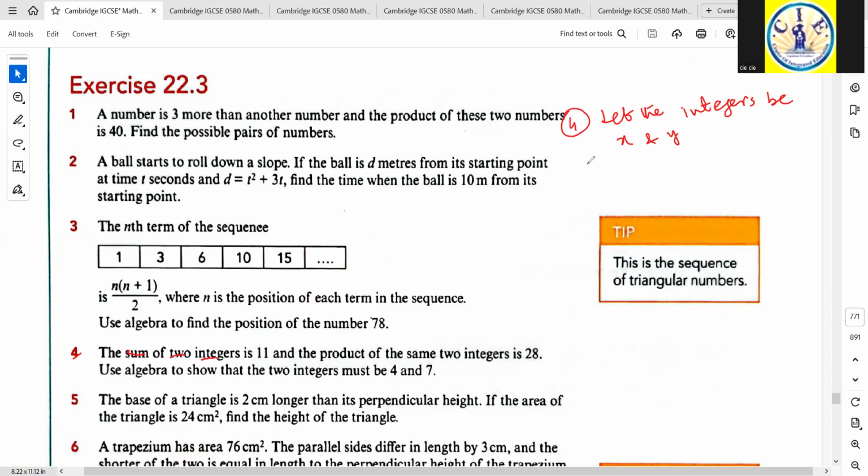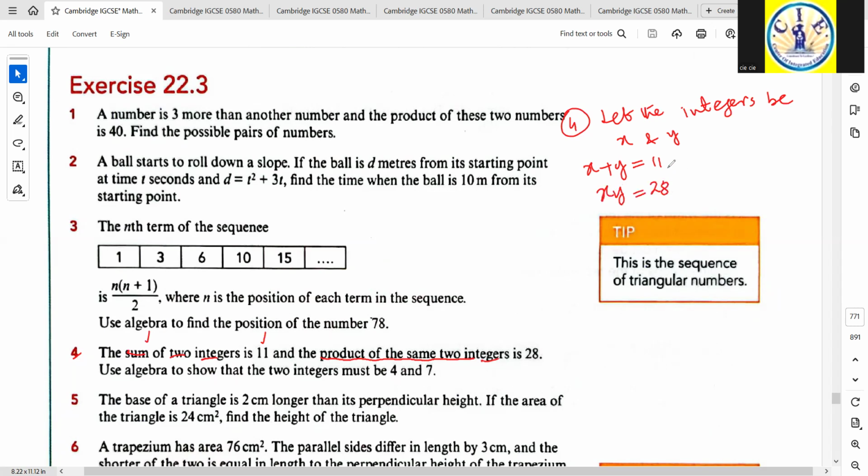Then according to the condition, their sum is 11 and the product of the same two integers is 28. So the product of x and y is equal to 28.